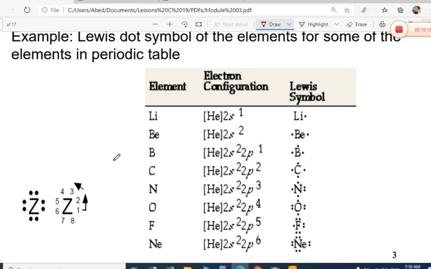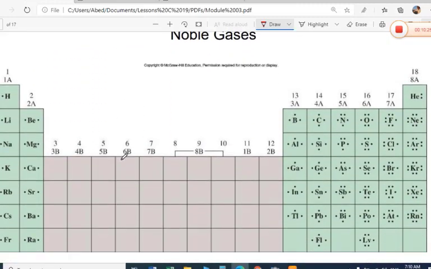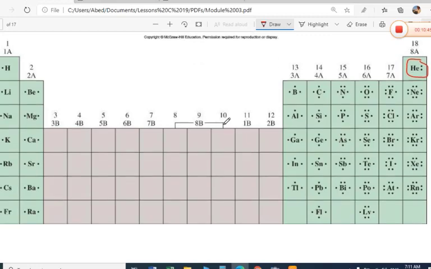So this is the way to write the Lewis dot symbol, and simply you have to see the periodic table, and these all have 1 dot, 2 dots, 3 dots, 4 dots like this. Helium is an exception, it is smaller, so it has only 2 dots, but the remaining members all have 8 dots, and this is called an octet. They have a complete noble gas configuration. They do not take part in the chemical reaction.